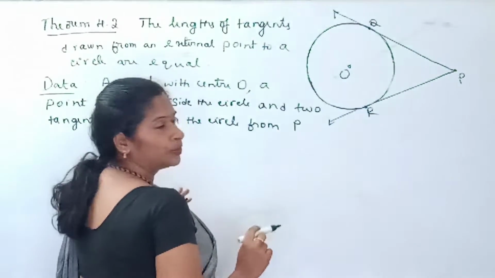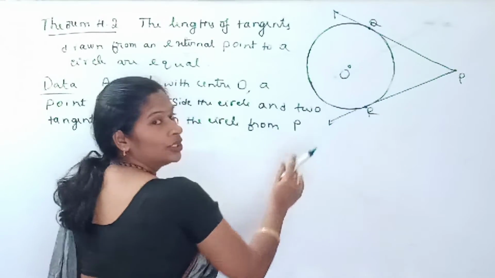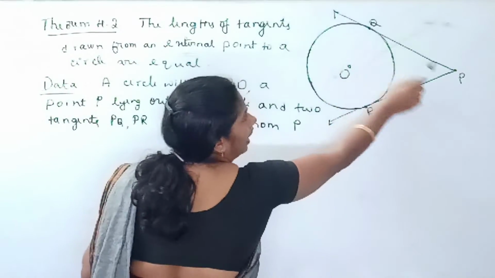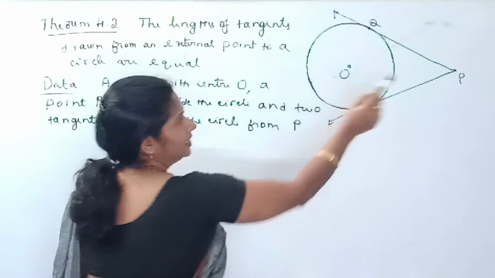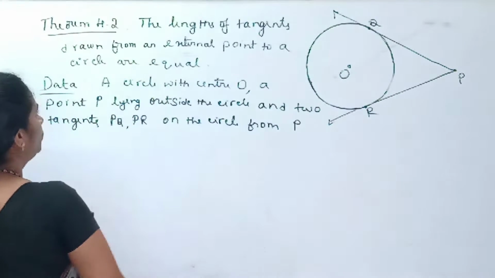Now what do we have to prove? The lengths of the tangents drawn from an external point to a circle are equal, we have to prove. Means PQ and PR are the 2 lengths of the tangents, and these lengths of the 2 tangents are equal. So what we have to prove, children?